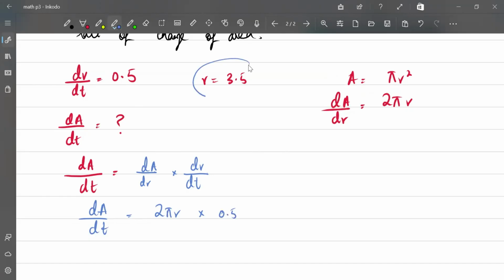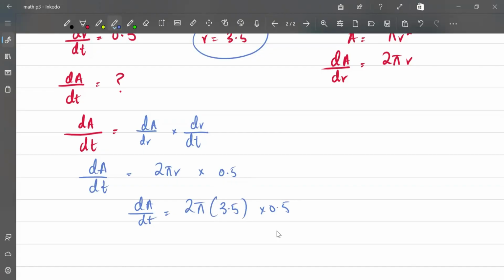And we have the value of r, which is 3.5. So dA over dt would be 2 pi into 3.5 into 0.5. All right. So let's just do this, 2 pi into 3.5 into 0.5, and that is dA over dt is 10.995 centimeter cube per second.